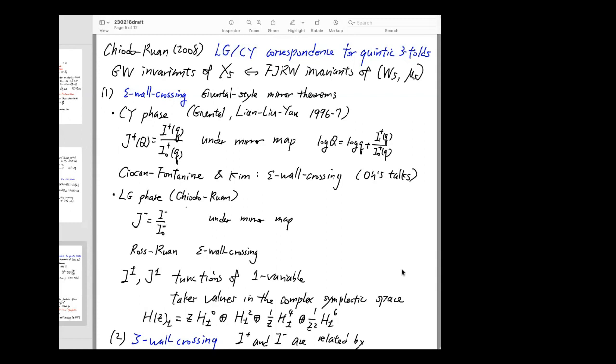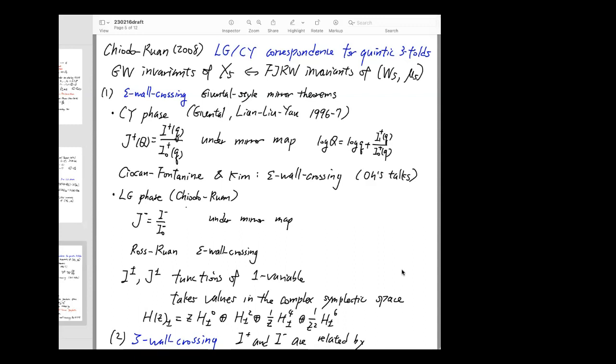By epsilon wall crossing, we meet the Givental-style mirror theorem, which says the J function is related to the I function by a mirror transform.